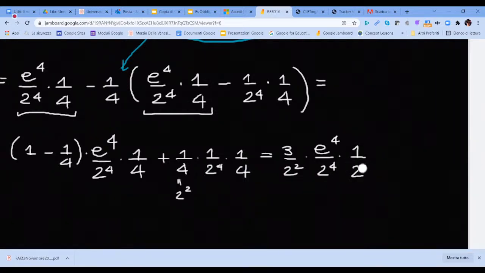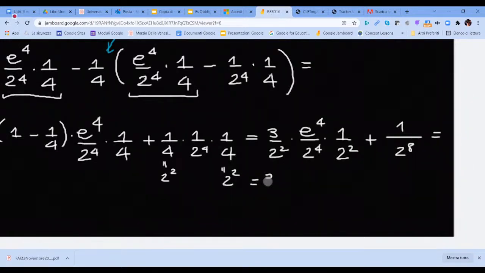And if we rewrite everything as a power of 2, we will have the very same denominator, because it is 2 plus 4, it is 2 squared, so it is 4 plus 4, it is 2 to the 8, and this is the same, it is 3 e to the 4th plus 1.